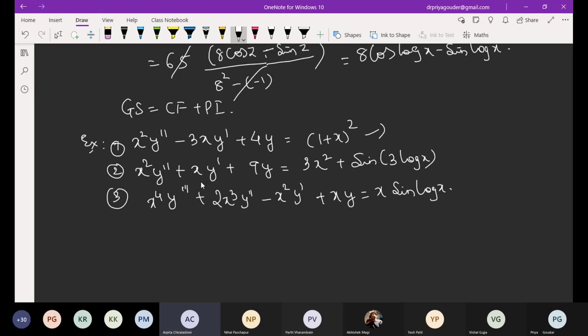Divide by x, so that it will be converted to a Cauchy's format. And hence you can solve it. Hope you can solve these examples. They are not at all difficult. If you are perfect with the first concept, this is an additional thing. Easily you can solve it, but remember the substitution. Okay.